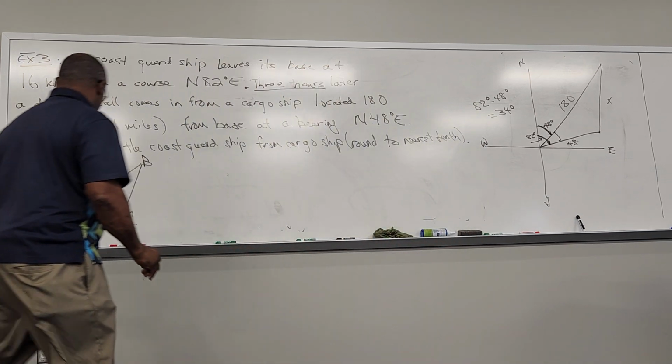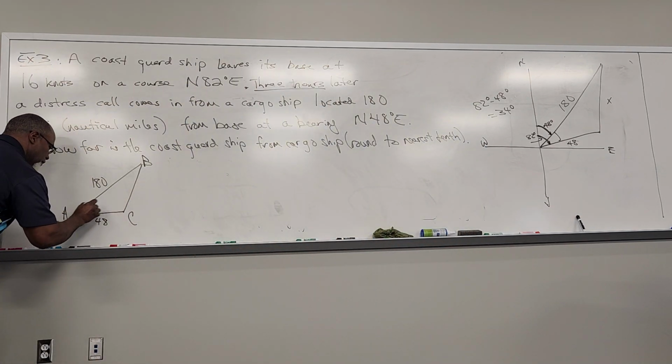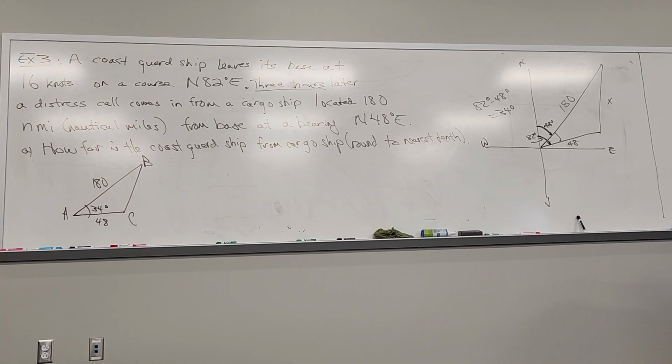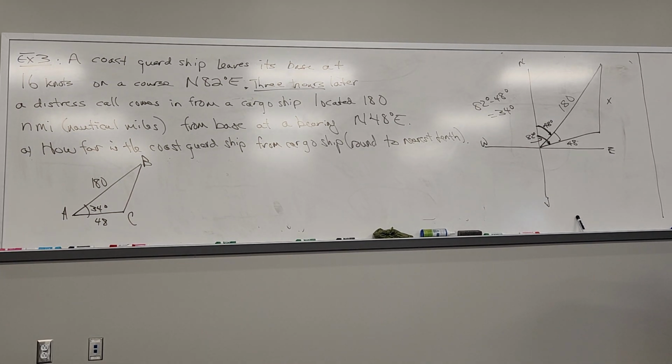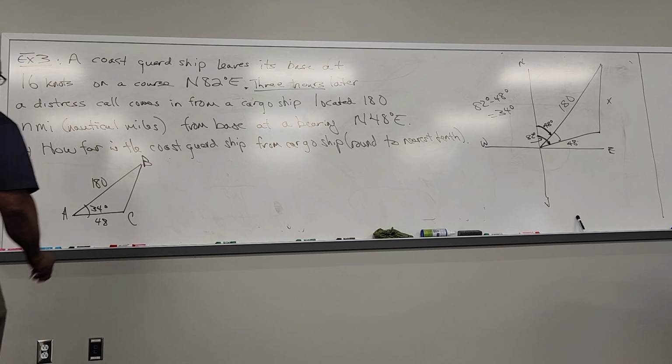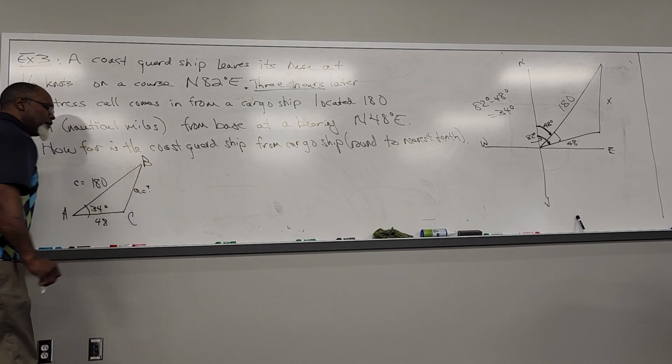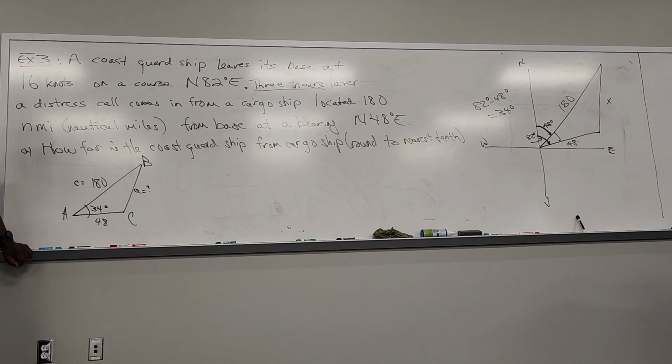Angle A is a 34 degree angle. So there's the information I know, and I'm looking for side A. This is side C. How far are these ships apart?